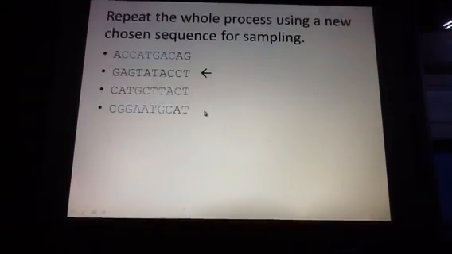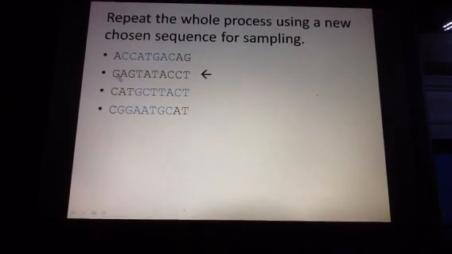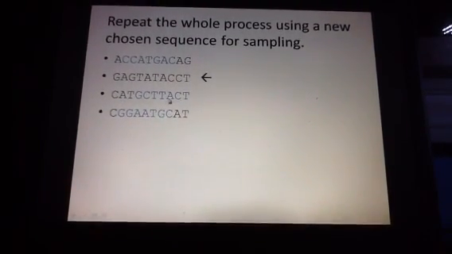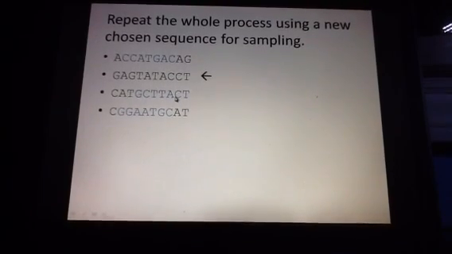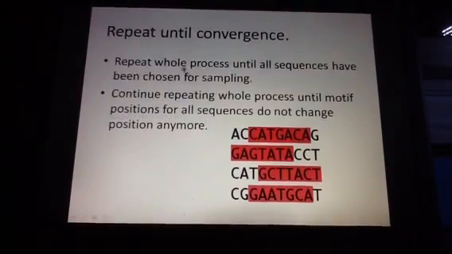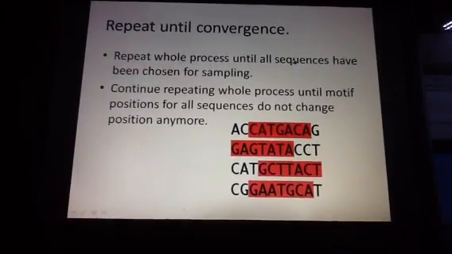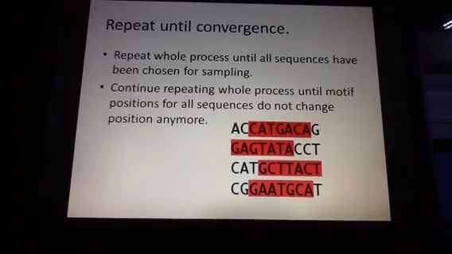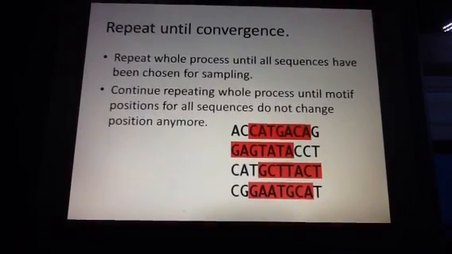Once we're finished with the second sequence, we do it for the third sequence. We repeat the whole process for the third sequence, and then once we're finished with the third sequence, we repeat it for the fourth sequence. So we iterate the whole process through each of the sequences for which we want to obtain the motif positions.